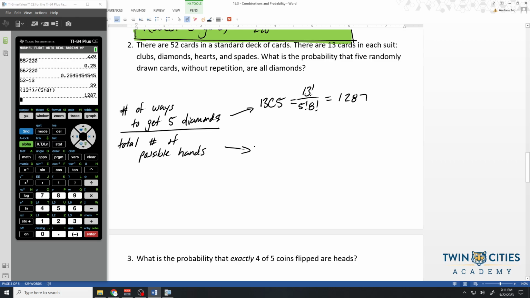Well, there are 52 cards, and you're going to be dealt, choose 5 of them. So this was 52 factorial over 5 factorial, and then 52 minus 5 is 47 factorial. Some big numbers here. 52 factorial divided by 5 factorial, and then 47 factorial.